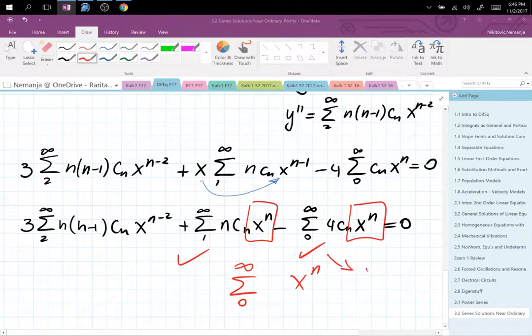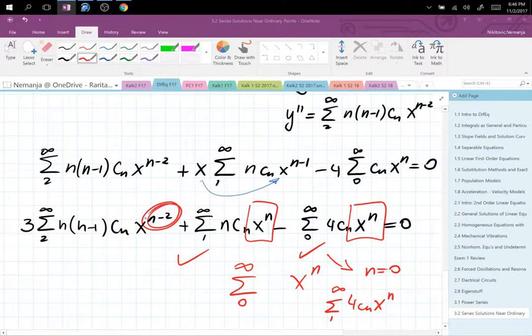If you peel off n equals 0, you are left with the summation 1 to infinity 4 cn x to the n. So it seems that all of these together should meet at the counter 1. This one I can shift to anything I want because it's x to the n minus 2, so that one I can shift anywhere. Now the trick is that I'm going to work to shift this to be x to the n.